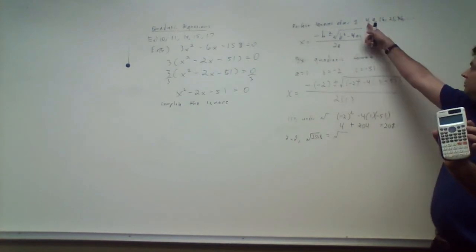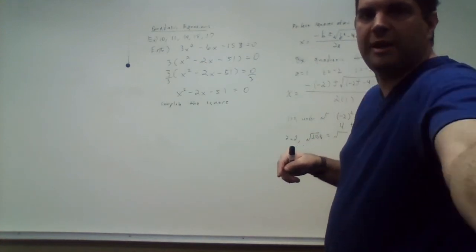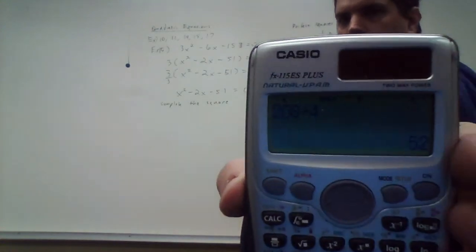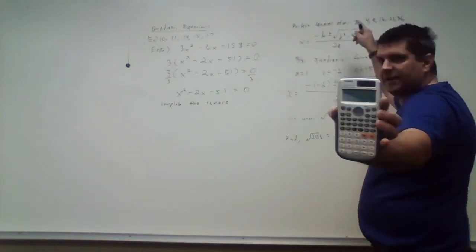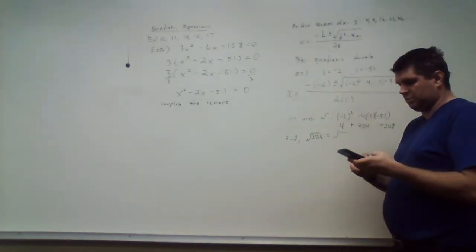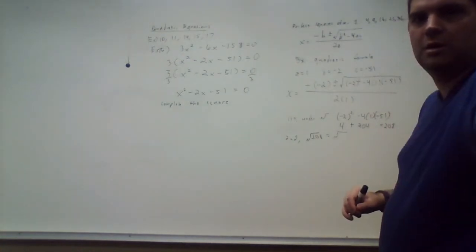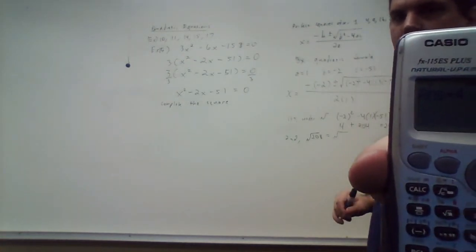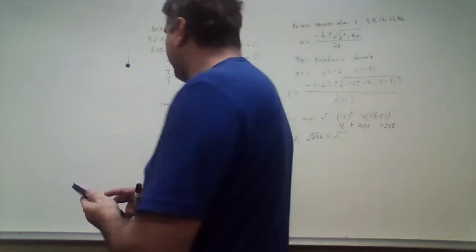So I tried 4, but the result I get is 52, which is also even. Okay? So 52, I'll see if it's divisible by 4 as well. I got 13.